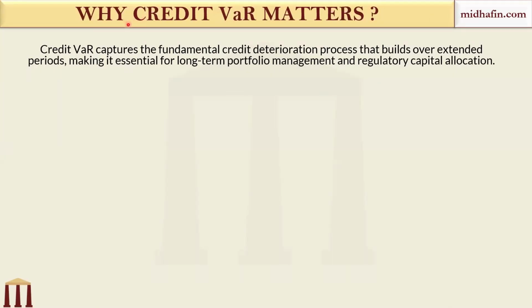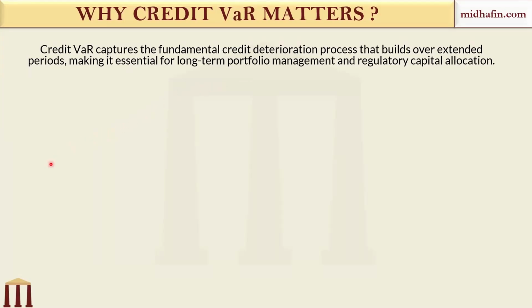Now let's talk about why credit VaR really matters. At its core, credit VaR captures the fundamental credit deterioration process that builds over extended periods of time. And this makes it a very essential tool for long-term portfolio management and regulatory capital allocation. Some points we need to address over here.